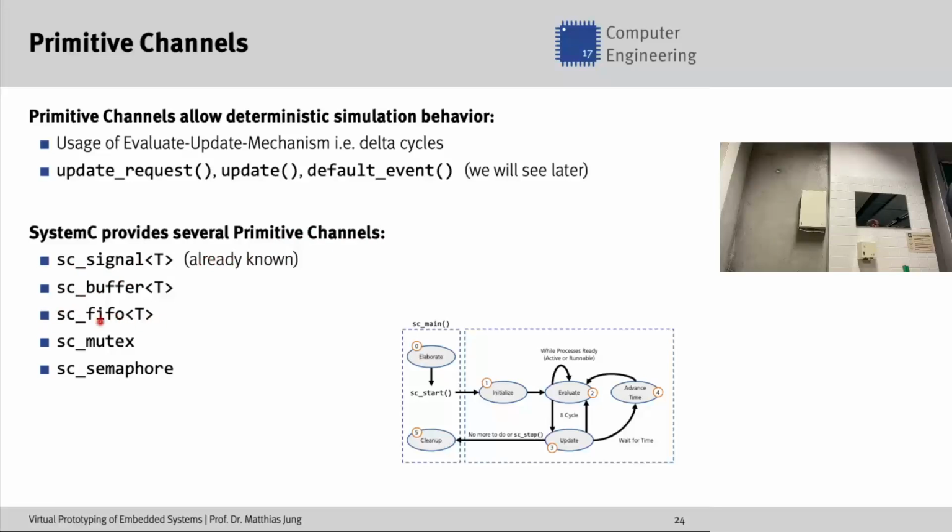There's sc_fifo, there's sc_buffer. sc_buffer is similar to signal, we'll talk about that. And there's also sc_mutex and sc_semaphore. These are primitive channels that are already there, but we can build our own primitive channels, and we will also do that. We will build our own signal, because only then do you understand how the whole process works and how we interact with the SystemC kernel.